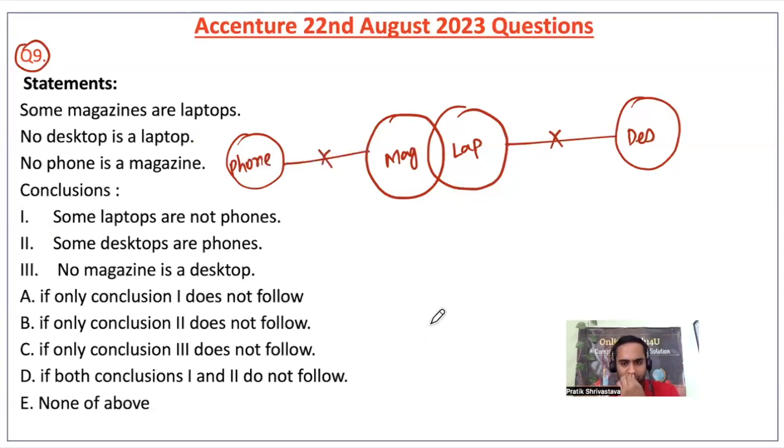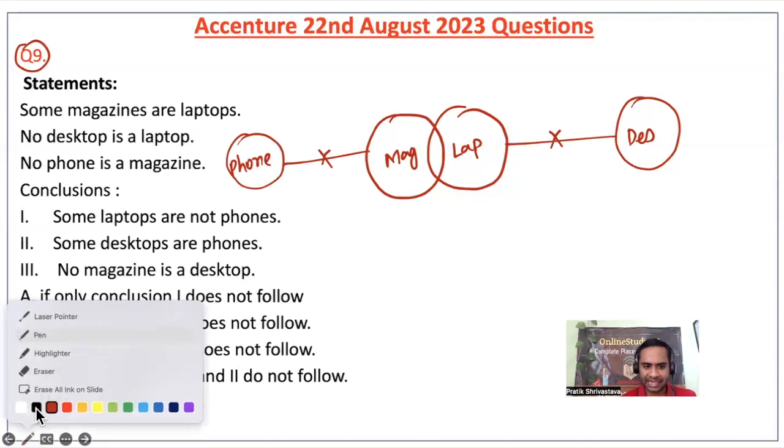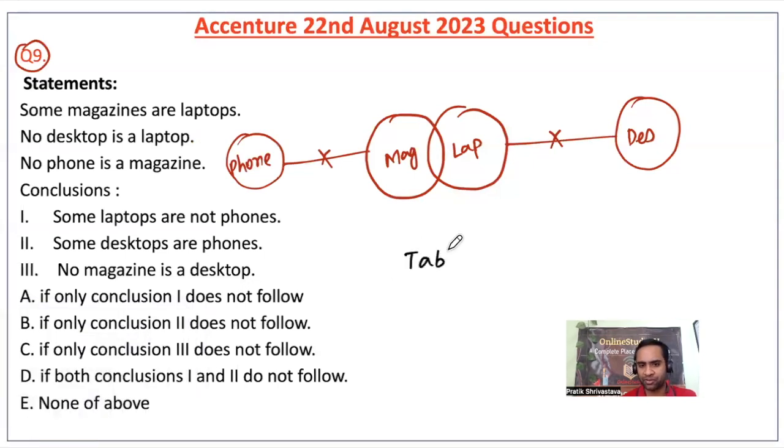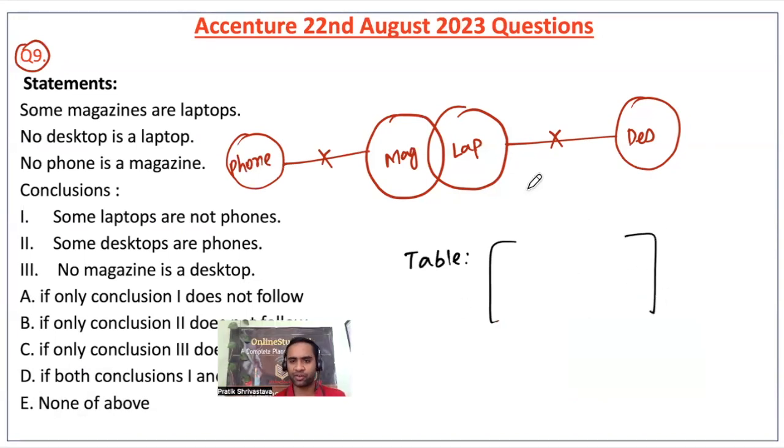Now friends, what I teach in my class of syllogism is that first you write down a table of what relation has not been given. Laptop's relation with desktop has been given: no laptop is desktop. But what about magazine's relation with desktop? That they have not given. Then they told no magazine is phone.